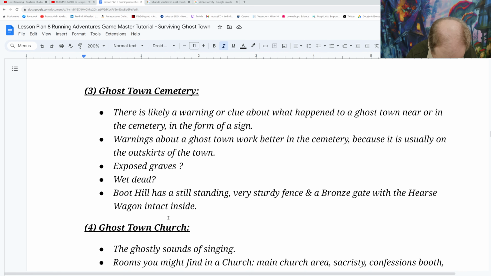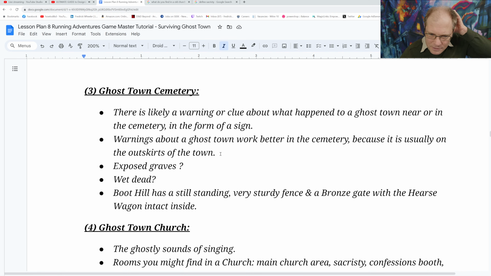What do you find in an old cemetery? And that is our next question. Exposed graves, headstones.